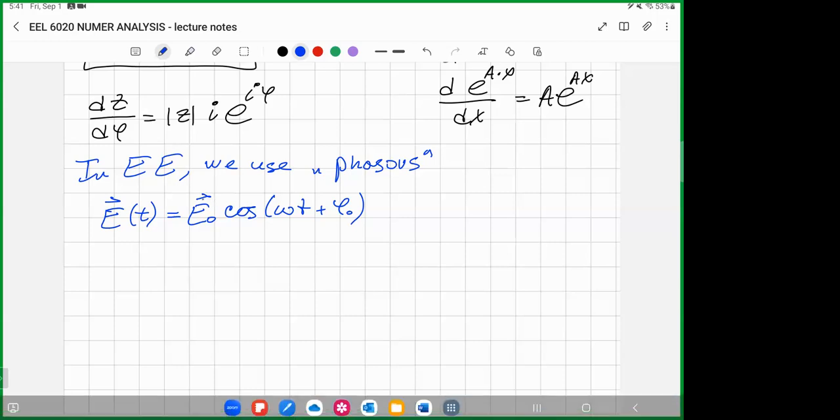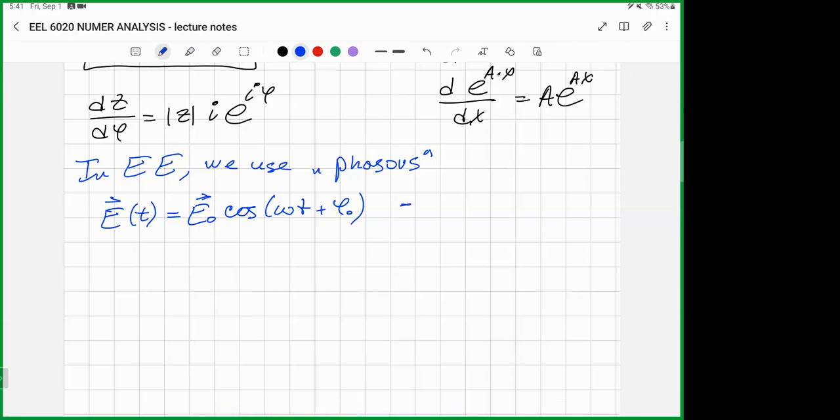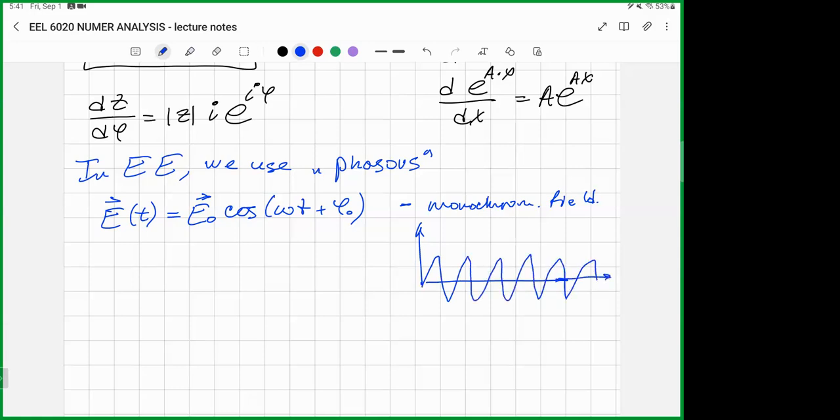So this is something that we call either a sinusoidal function or a monochromatic field. The term monochromatic, mono means single frequency. So it's a single frequency signal that is oscillating like this, like a sinusoidal or cosinusoidal function.